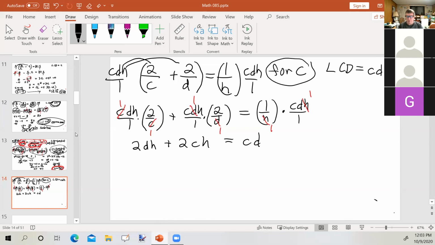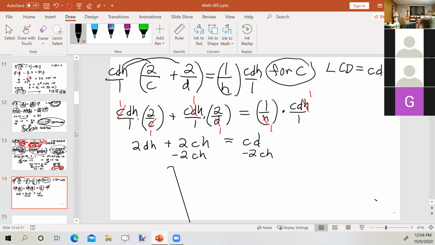There are 3 terms. 2 of the terms contain the variable C, and 1 of the terms does not. Let's get all the terms with the variable C on one side of the equation. I'm going to put it on the right. So I'm going to subtract 2CH from both sides.